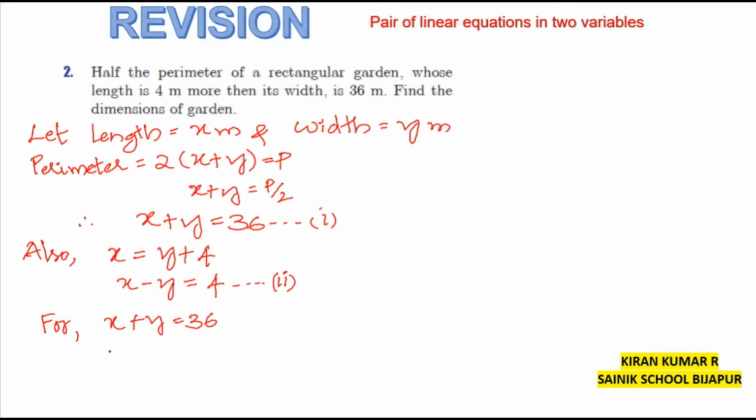Transposing x to that side, we get y is equal to 36 minus x. Let me find different values of x and y. When x is 20, y becomes 16. If x is 24, y becomes 12.